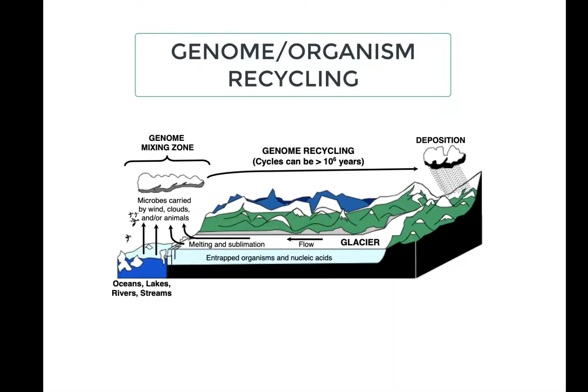So I can explain this a little bit. We came up with an idea called genome or organism recycling, wherein organisms are entrapped in glaciers or environmental ice or lake ice. And then at a later time, they melt out. They then infect shorebirds and waterfowl, and those are then carried to the population.